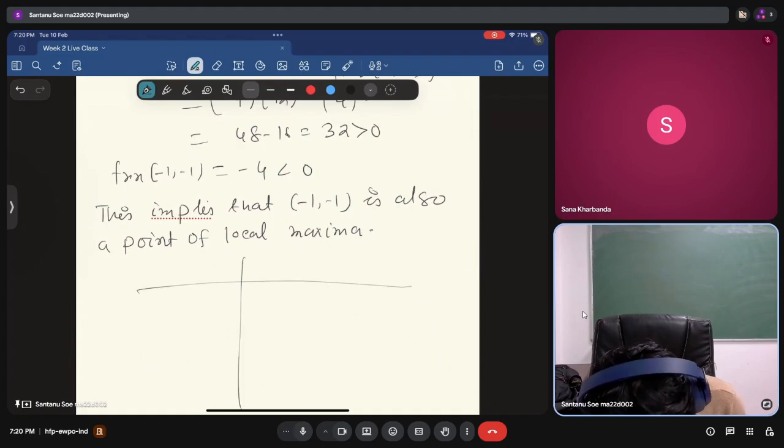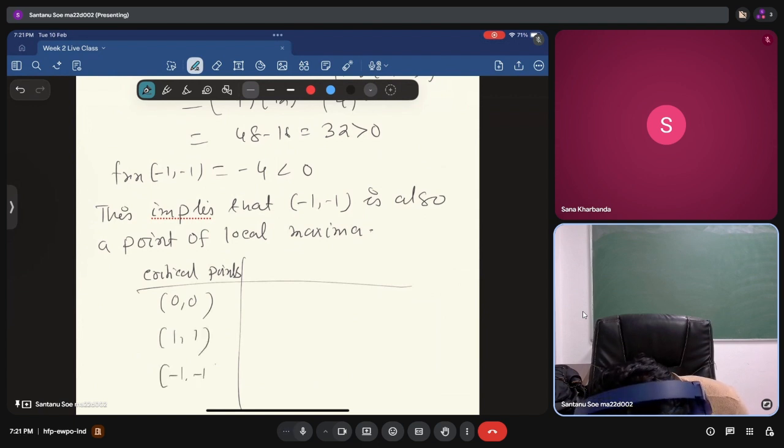Okay. So we have got 3 points: (0, 0), (1, 1) and (-1, -1). So the status is this is the saddle point, and this is the maxima.